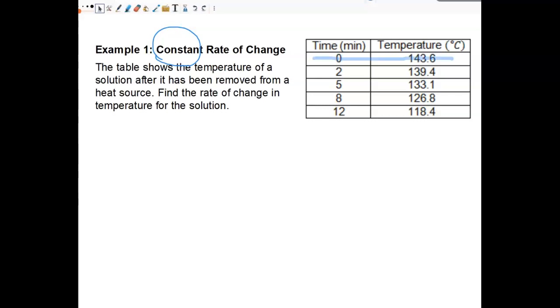I could pick 0 and 5. I could pick 2 and 8. I could pick 2 and 12. I could pick 8 and 0. And no matter what selection of points I pick, the rate of change will be the same.